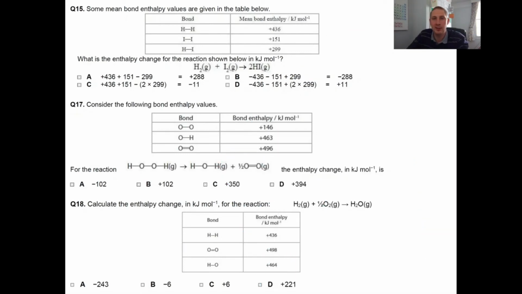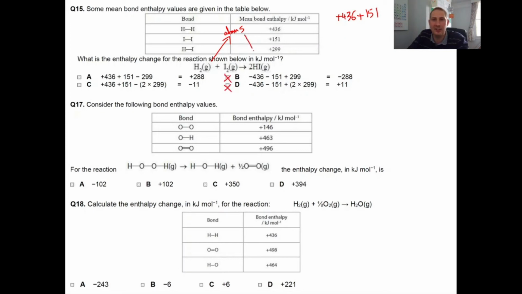Okay, so as we are going from hydrogen and iodine to atoms, we are going with the arrow. We are breaking 1 hydrogen bond, 1 iodine bond. So that should be plus 436 plus 151. Okay, so already B and D are not looking good.